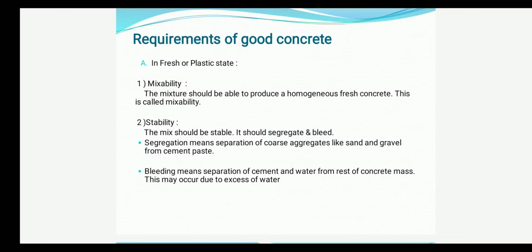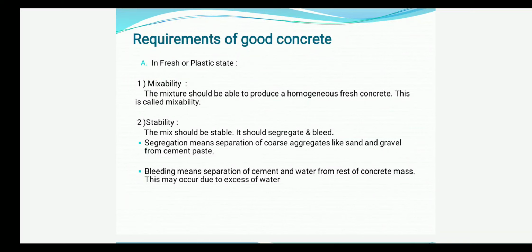That is, the good concrete should not segregate and bleed. The segregation is nothing but the separation of the coarse aggregates like sand and gravel from cement paste, while the bleeding means separation of the cement and water from rest of the concrete mass. The bleeding may occur due to excess of water.